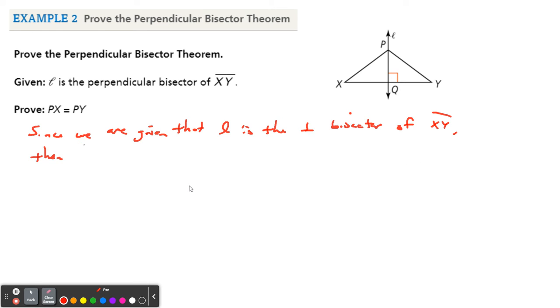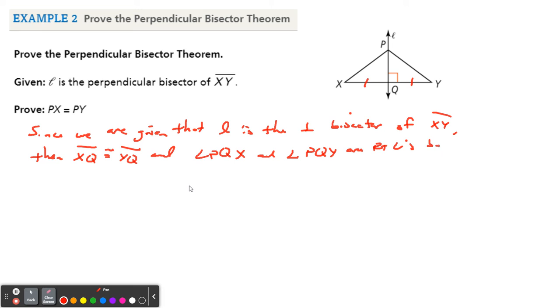Then, well, we're going to handle both parts, the bisector part first. Then we know that XQ is congruent to YQ. Then segment XQ is congruent to segment YQ. And angle PQX and angle PQY are right angles.